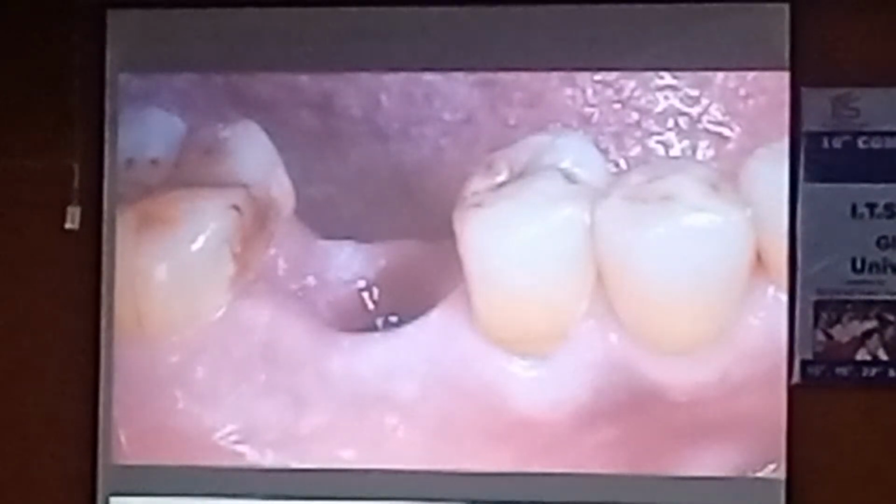Now see this case. Do you think the implant is very nicely embedded in the socket?